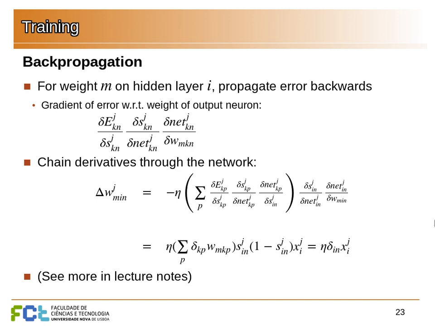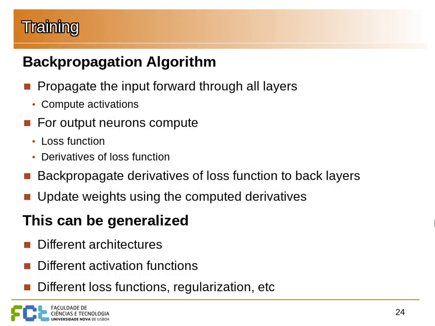You can see more detail on this in the lecture notes. But the general algorithm would be: we present an example to the network, we propagate the activation of the network forward, that is, we compute the activation of all the neurons in the first layer that receive the input, and then these feed into the second layer, so we compute the activation of those and so on, until we have everything to the end of the network, and we can compute the value of the loss function, the one that we are trying to minimize to get the output of the network close to the target values.